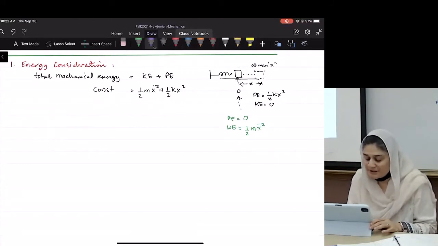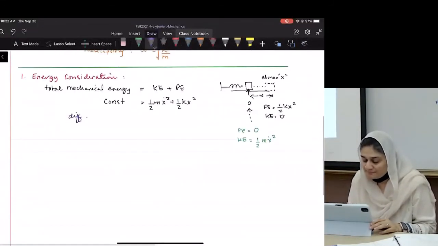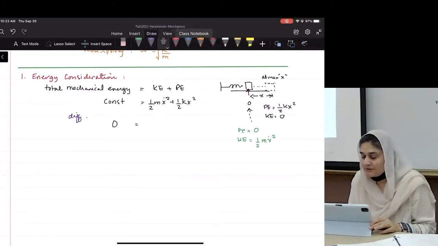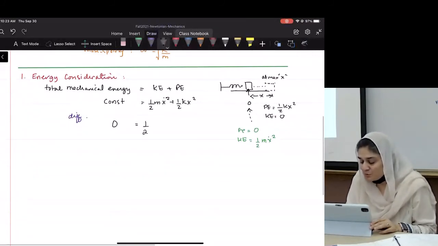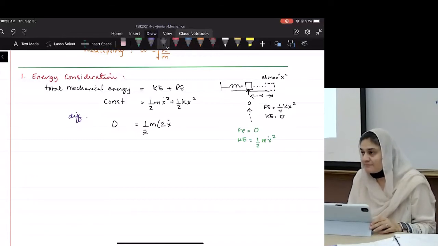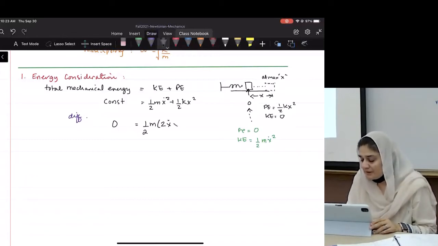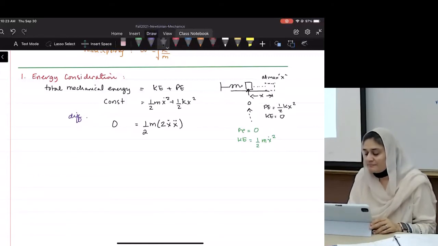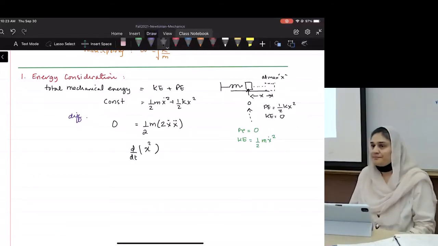Can I differentiate? Will this become, what's the differential of a constant? Can I write this as 1/2 m? Now I'm differentiating with respect to x dot. Will that be 2x dot x double dot? Because it's like this.